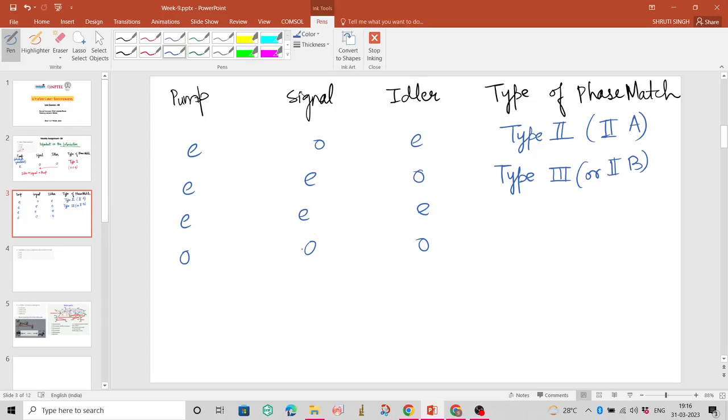But these types of phase matching come from the type of crystal which we choose. If the crystal is positive or negative, these E and O can get exchanged. So if we have all three same, then that is type 4 and type 5.